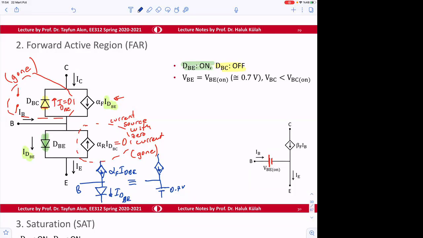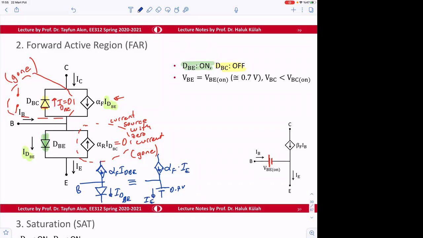I don't have space, so I'm trying to find a space to fit it in here. You know that this current, alpha F times IDBE, is also equal to alpha F times IE, because this current is called the emitter current.